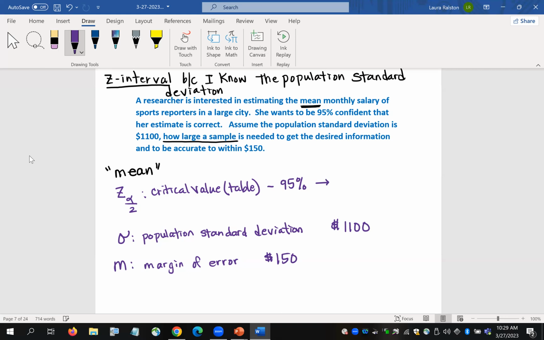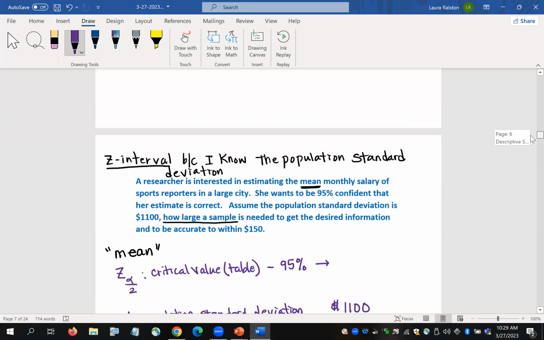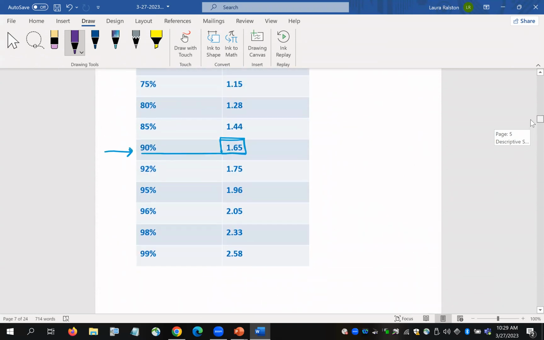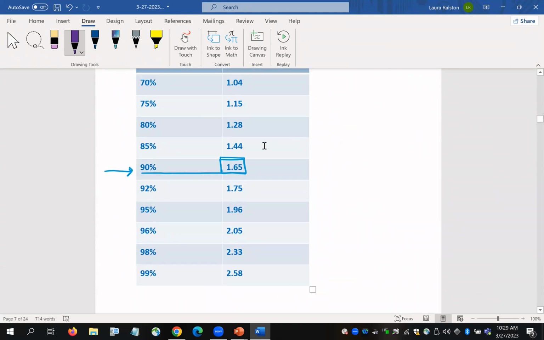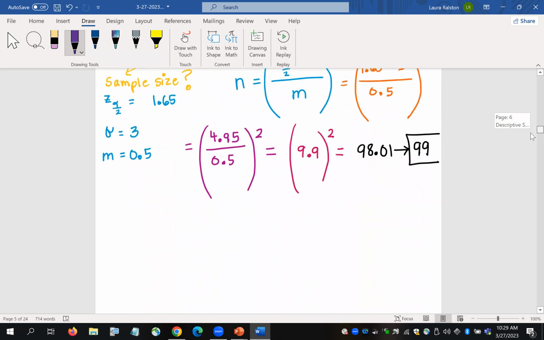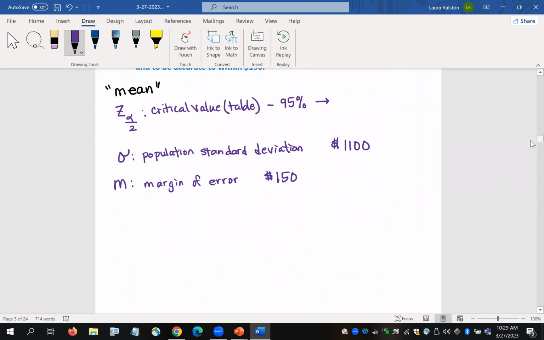So I'm going to scroll back up to my table. And now I'm looking for 95%. Here's 95% confidence. So my critical value is 1.96. Okay, my critical value is 1.96.